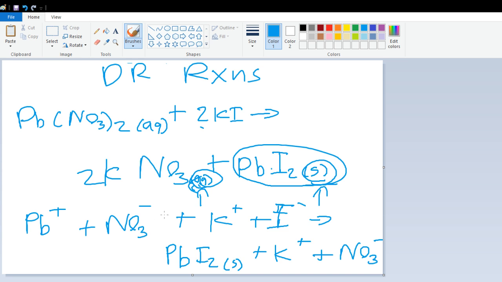So really, what we put in were two ions swimming around in solution, and what we got out were the same two ions. They weren't combined in any sort of way.